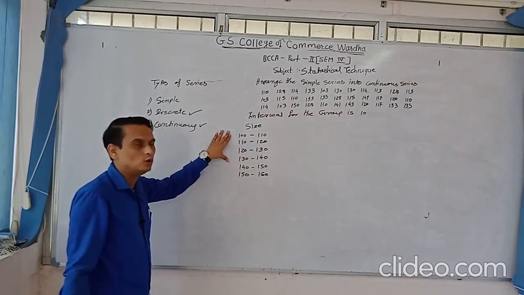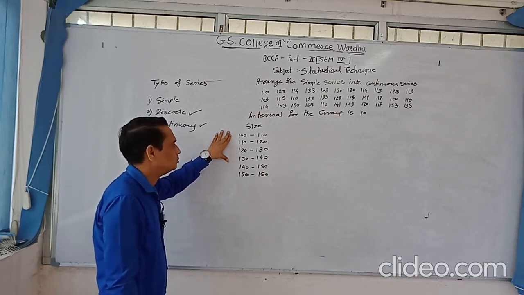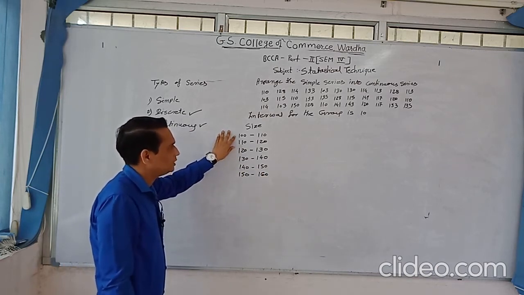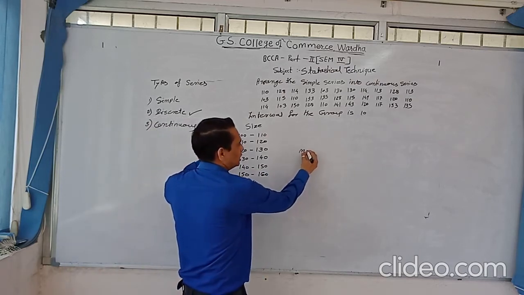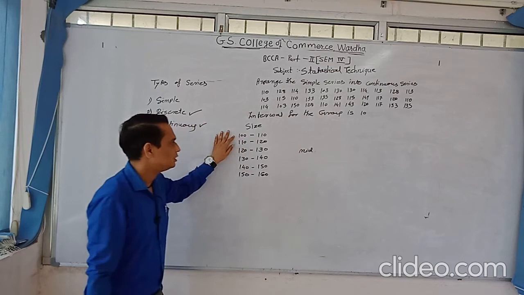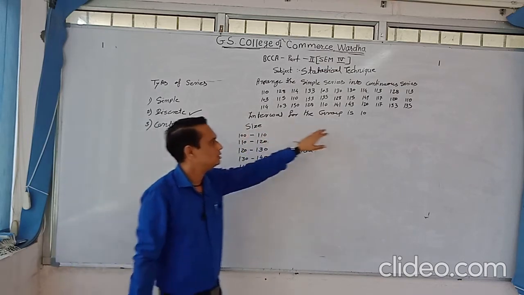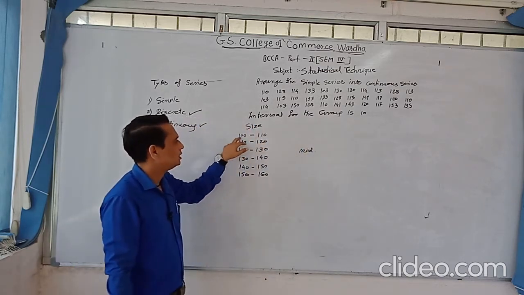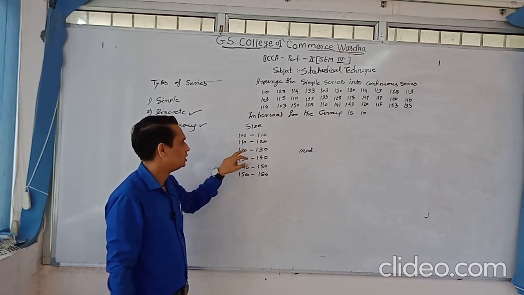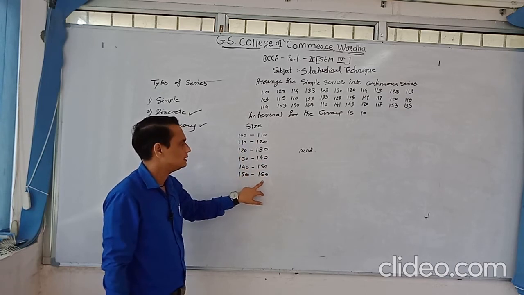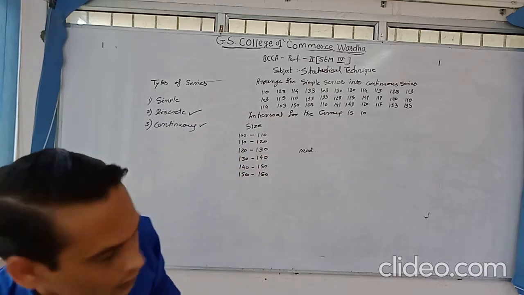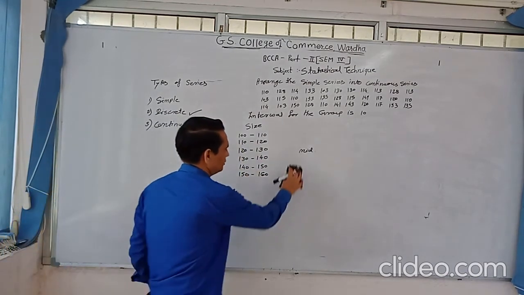The difference between the lower limit and upper limit is 10. So 100 to 110, 110 to 120, 120 to 130, 130 to 140, 140 to 150, 150 to 160, because we have all the values between these ranges.